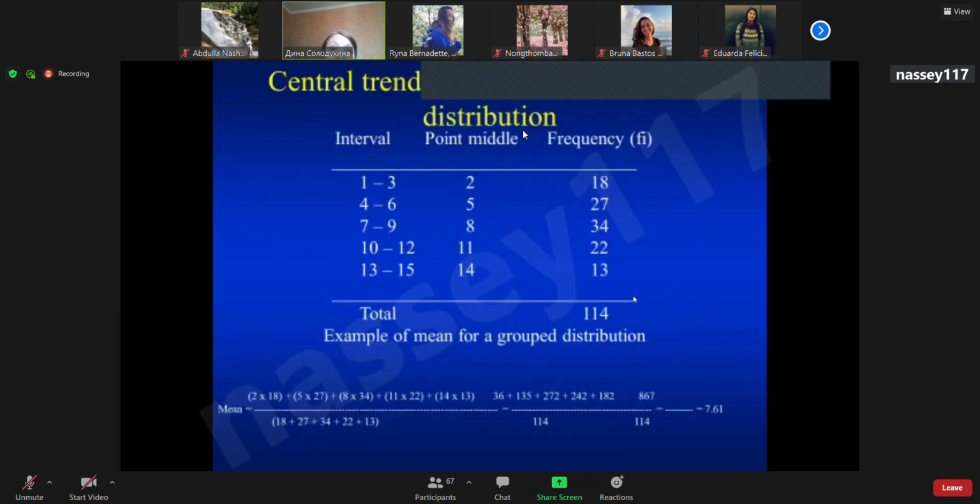And usually the central tendency, when we have a distribution, for example, in this case, measurement like age 1 to 3, 4 to 6, 7 to 9, 10 to 12, 13 to 15, we can calculate a point middle, which is a parameter in the middle of our interval, and we can make calculation of the mean for a grouped distribution.